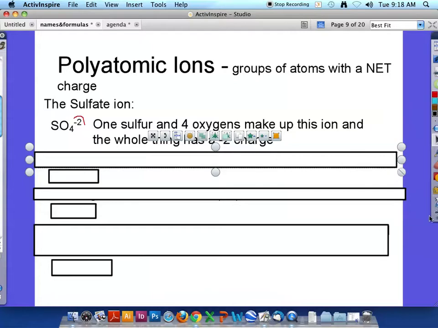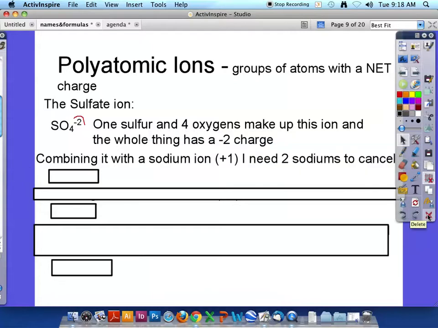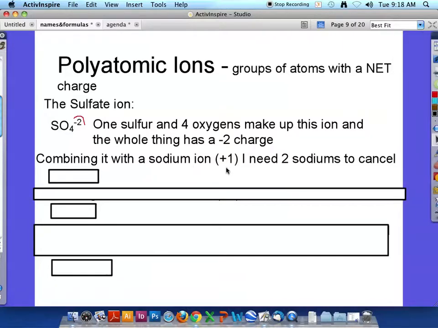is if I combine the sulfate ion with a sodium ion, which has a +1 charge, I'm going to need 2 sodiums to cancel out the sulfate.